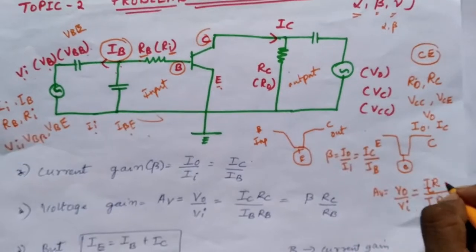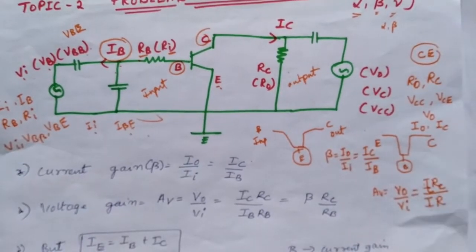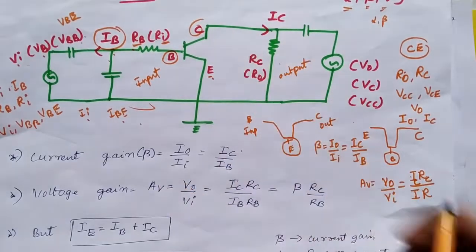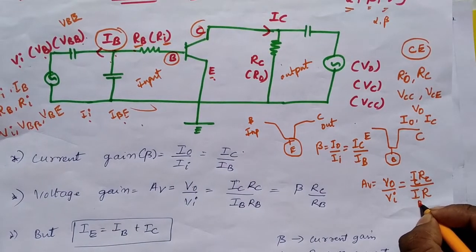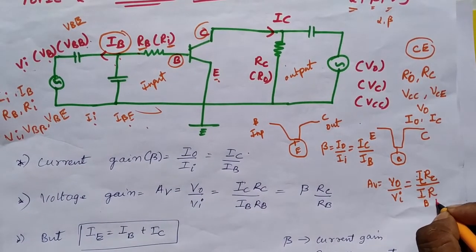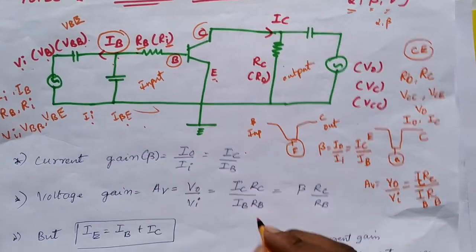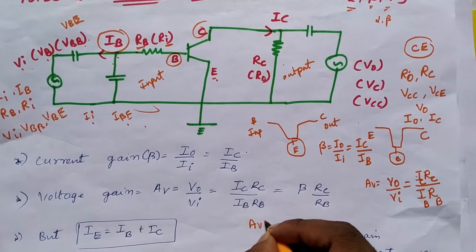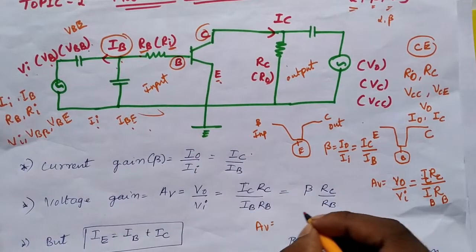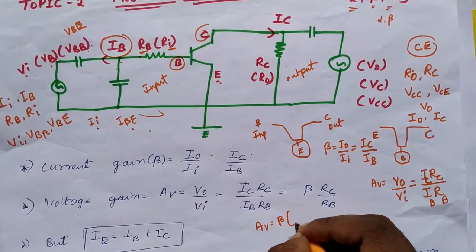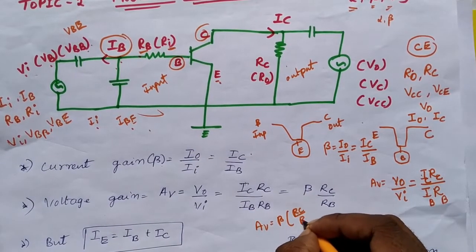R means what? That will be RC, collector resistance. Okay, in the similar way, input side will be base IB, and this will be IB, but IC by IB is what? IC by IB is beta, so formula becomes AV is equal to beta into RC by RB.